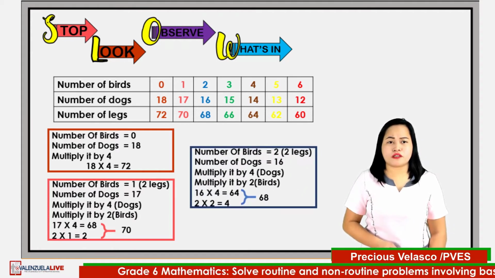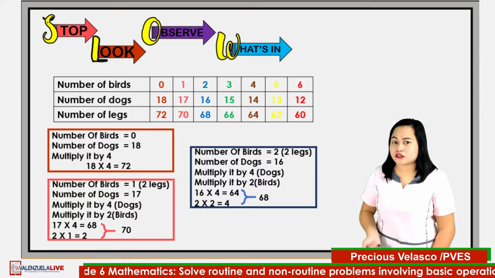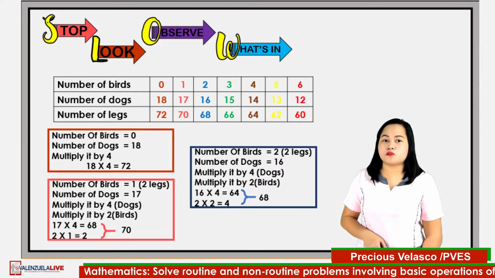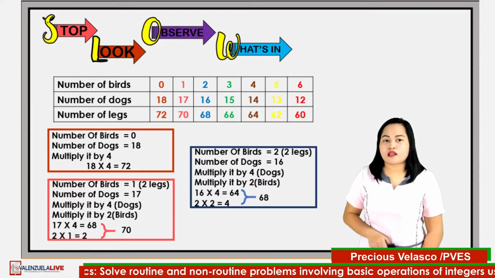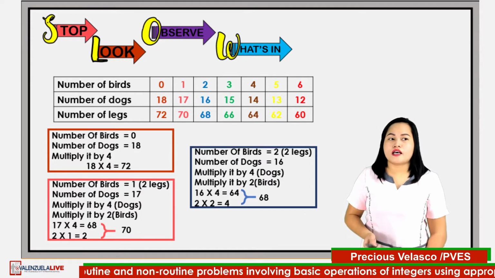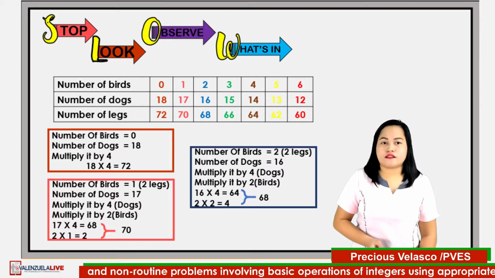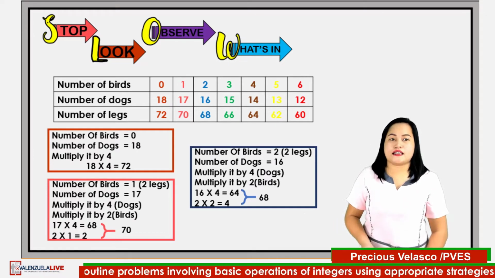So I'm going to multiply 16 times 4, and it will give me 64, and then 2 times 2 will give us 4. And if I'm going to add the products, I will get 64 plus 4, it will become 68. Still far from our total number of legs.